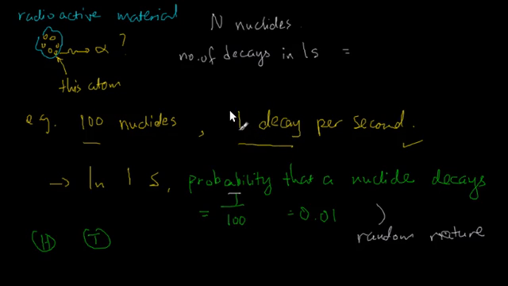Now we can think of this 1 decay as coming from 100 times 1 over 100 to give 1. So if the probability is 1 over 100, then if I have n nuclides, the number of decays must be 1 over 100 times n.